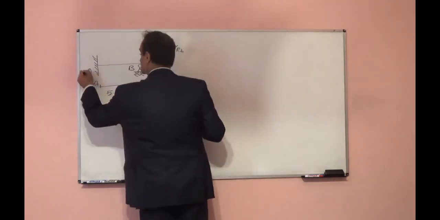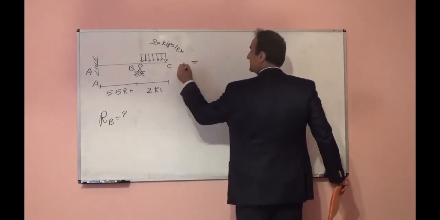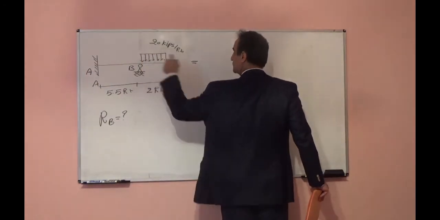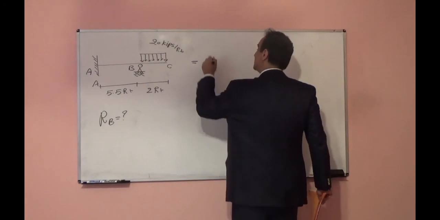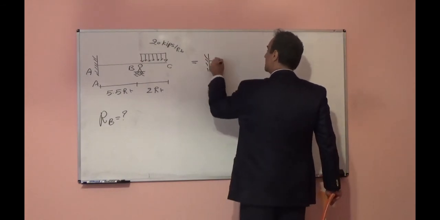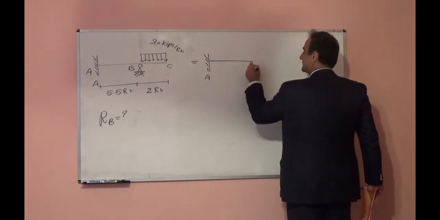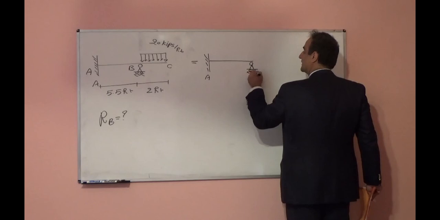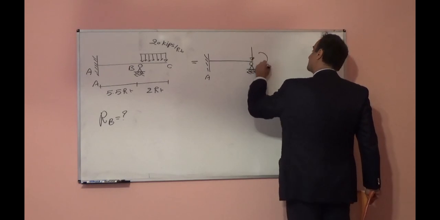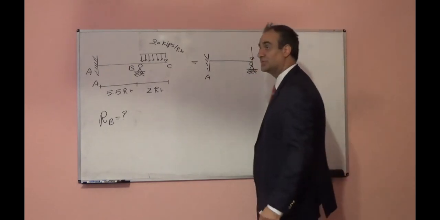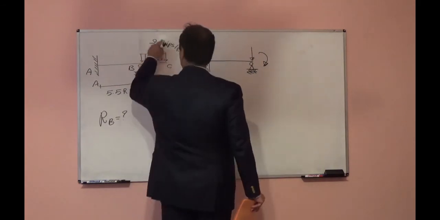We can use superposition. First, I can remove this part and apply the effect of that part. That part for the AB segment will apply one load and one moment. That load will be the resultant load for this system.